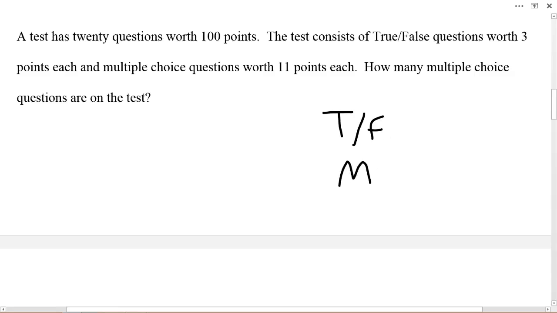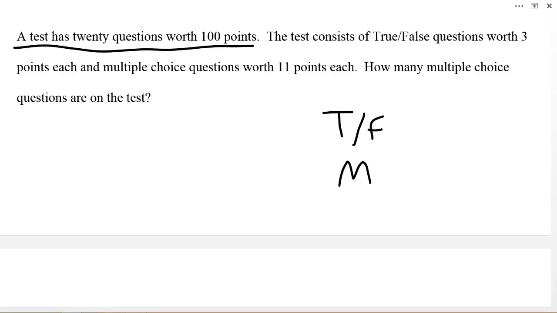Okay, so let's look at our first sentence right here. A test has 20 questions worth 100 points. So no matter how many questions we need to do, we're worth 100 points.